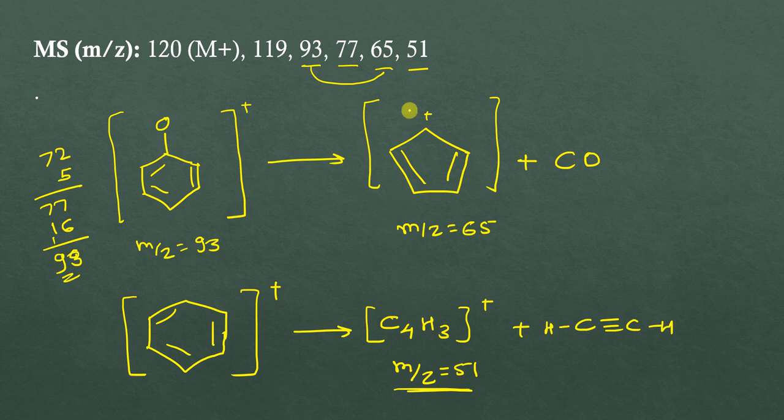So whenever you see the fragments 77 and 51, you should identify that this may contain monosubstituted benzene, or that 93 or 65 is a benzene ring with an oxygen atom. This we can identify when we look at these numbers, right? Okay, so here we have confirmed our structure with mass spectrometry data. Thank you so much.